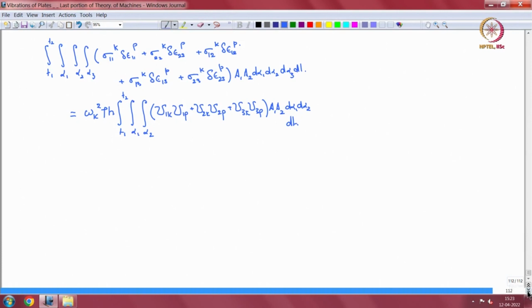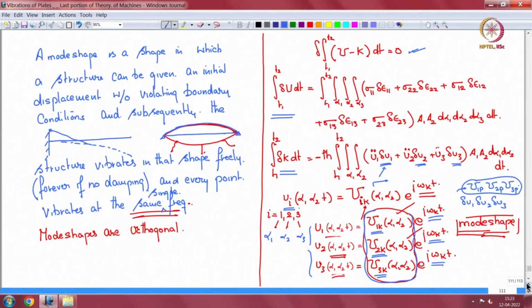So what did we do here? Here u1 double dot acquired the minus omega k square, and minus became plus, whereas for the delta u1, delta u2, delta u3 we use the pth mode shape.